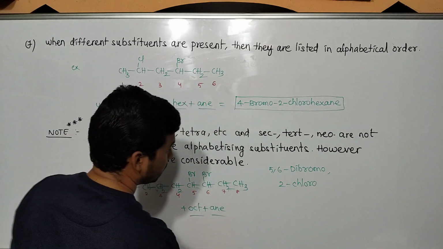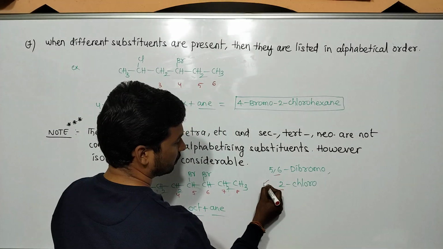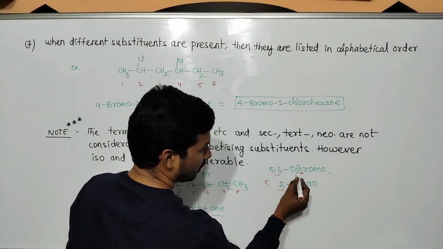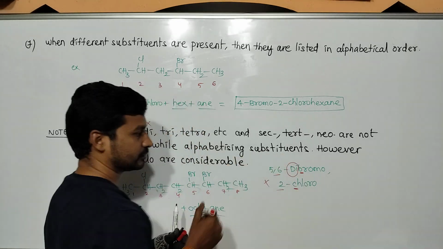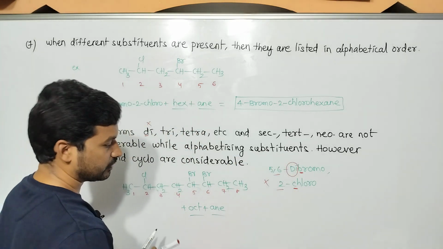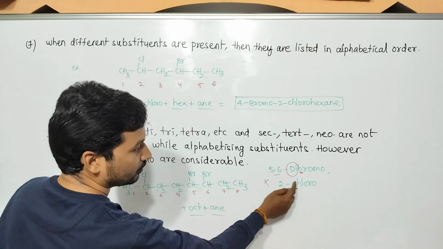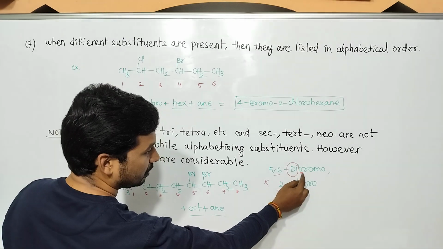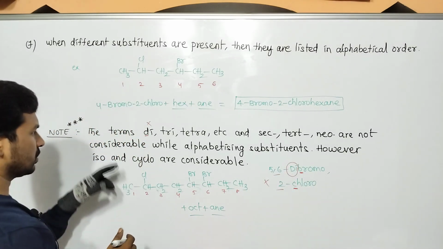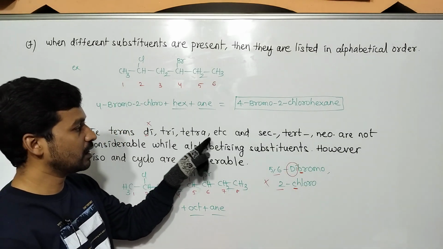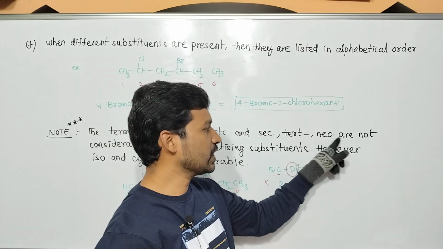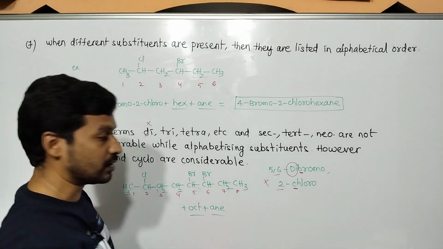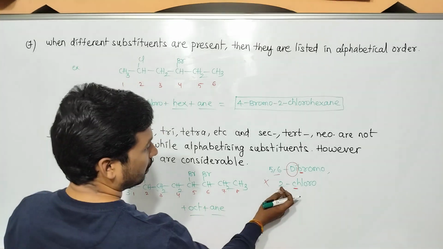So this is the rule. The numbers 5, 6 are not considered. Bromo begins with B, chloro begins with C. Do not consider di. Which one comes first? Bromo. Dibromo begins with D, but don't consider di, just use B, bromo. So that is the point: di, tri, tetra, secondary, tertiary, neo are not considered. However, iso and cyclo are considered.